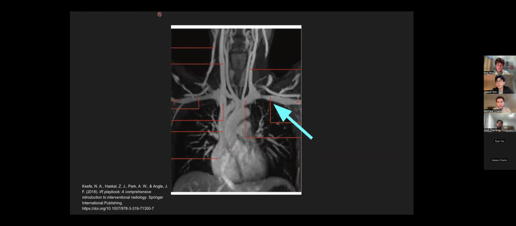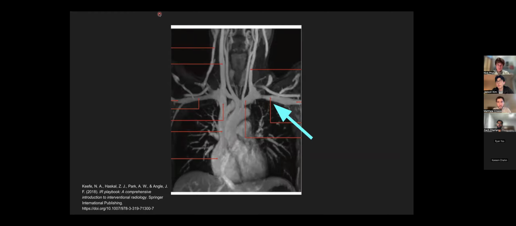Left subclavian vein. Yes, left subclavian vein. Yeah. So I tried to trick you guys a little bit. This is the SVC because it gives off two brachiocephalic veins, right?